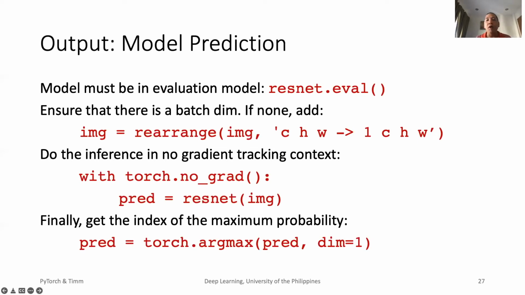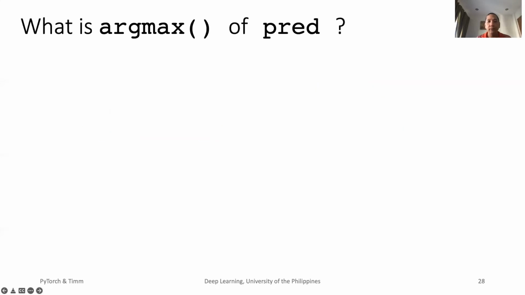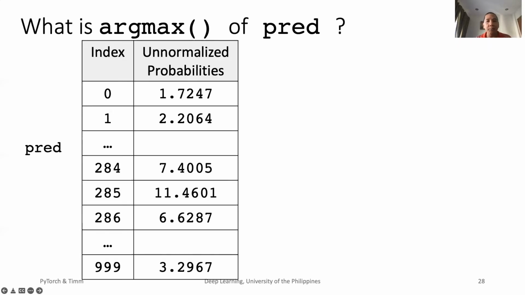This is through argmax. What is argmax? Note that the outputs of the model prediction are probabilities. In this case, 1,000 probabilities stored in the tensor pred. Argmax examines each element of tensor pred until it finds the index with the maximum value.